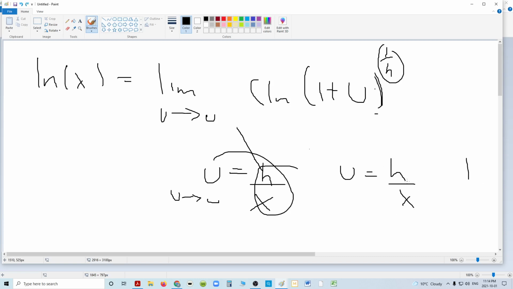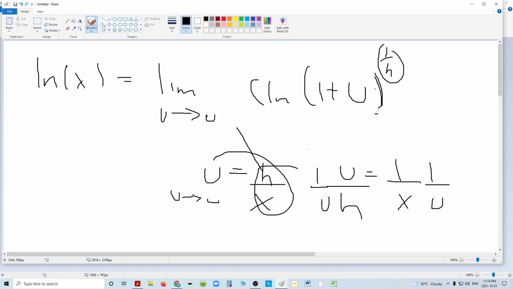Well, first thing you have to do is multiply by 1 over h on both sides. They cancel out here, so you're left with 1 over x, u over h. Well, now I just want this to be gone because I want 1 over h here. So I multiply by 1 over u on both sides.